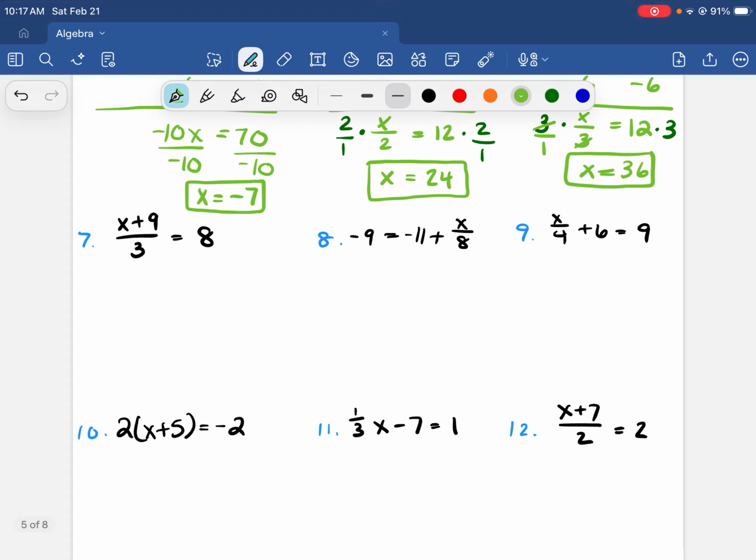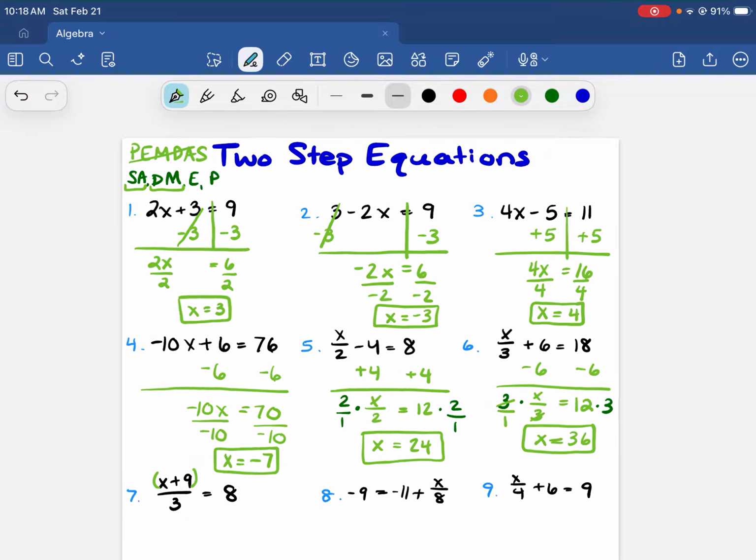Number 7. X plus 9 divided by 3 equals 8. So I want to add or subtract away first, but here there's nothing to add or subtract away without needing to get rid of that dividing by 3 first. So when we have x plus 9, when we have a binomial here, we have 2 terms in the numerator, there's like an invisible set of parentheses here, so parentheses are actually going to come last.